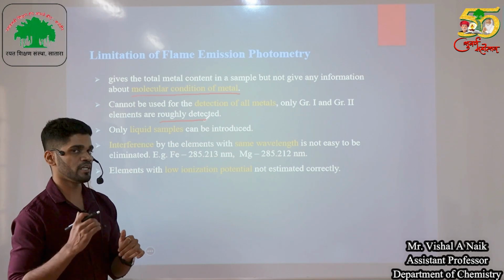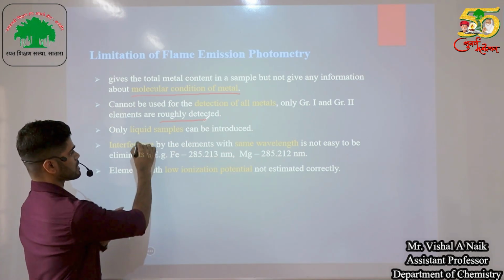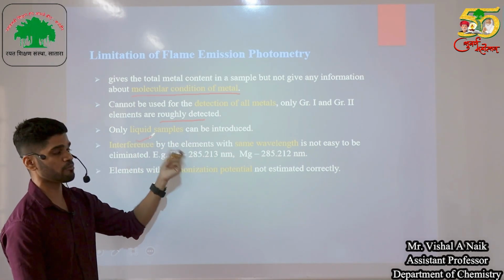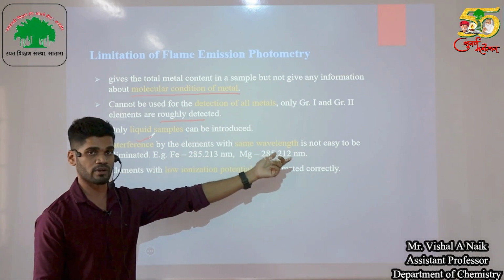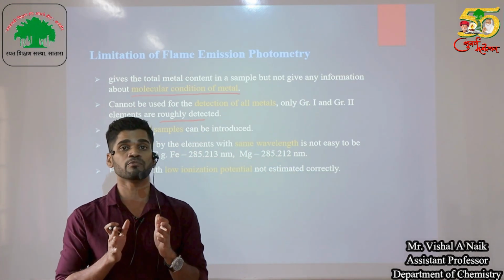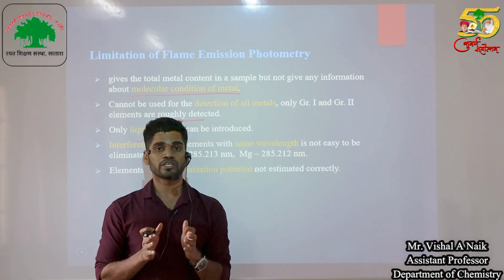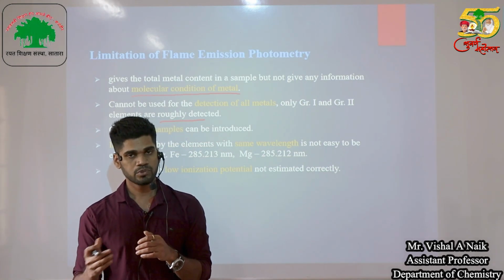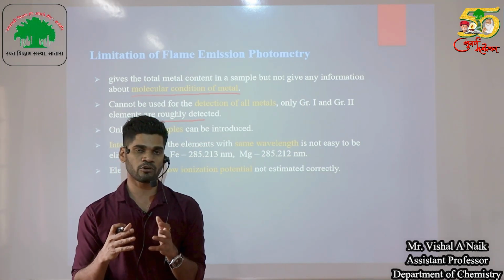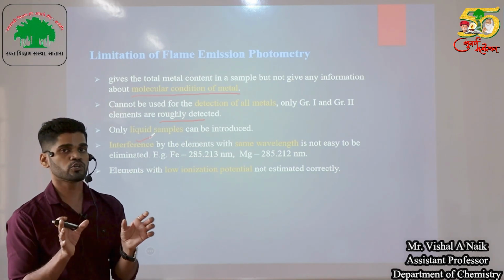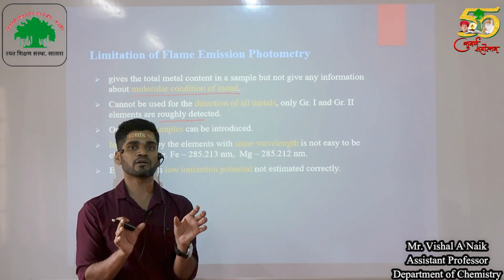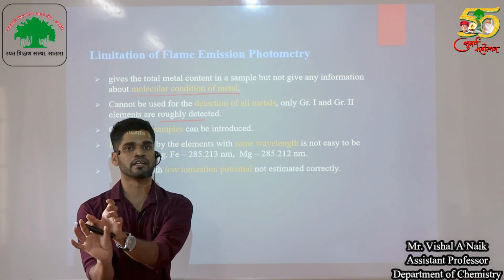And the most important limitation is interference by the same element, or interference by an element with the same wavelength. If two elements have the same wavelength, the determination will be wrong, or the quantitative analysis becomes wrong, because if two elements are present, they are analyzed as only a single element.